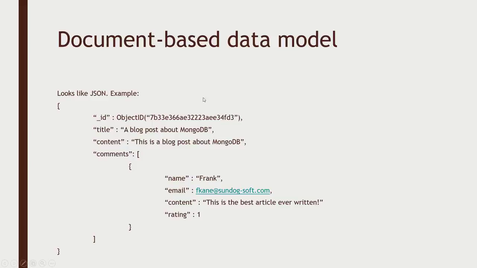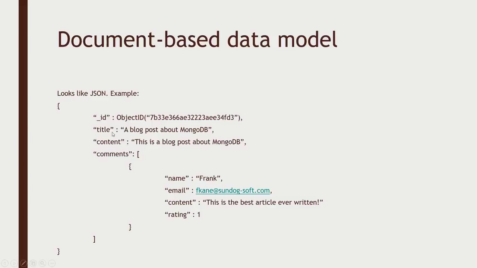So here's an example of what an actual MongoDB document might look like. Let's say that we want to store blog posts in a MongoDB database. Well, this is what it might look like, and this is really what it looks like. MongoDB will automatically give you an _id field that's just automatically appended to your document that contains some unique identifier for you. And that's done because there is nothing in MongoDB that says that you have to have some unique field in your document at all.